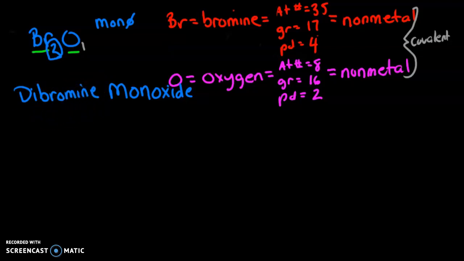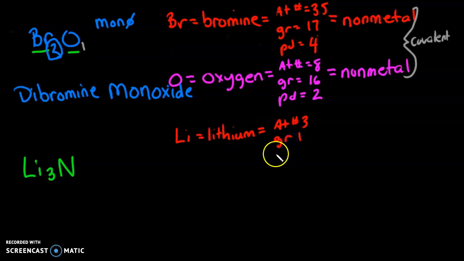Okay, and one more. Let's do Li3N. Okay, so Li is lithium. If I scan through my periodic table, lithium is atomic number 3. In group 1, period 2, it is a metal.